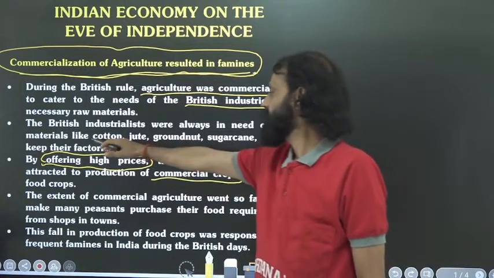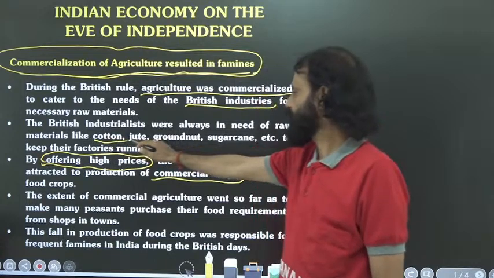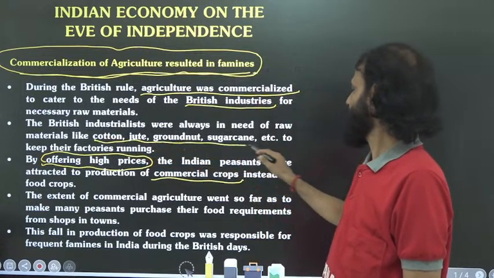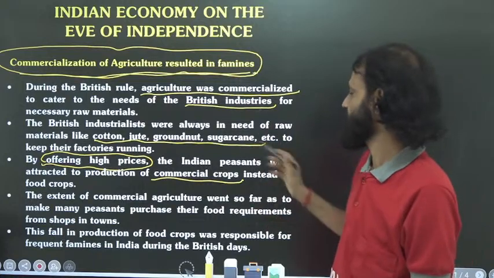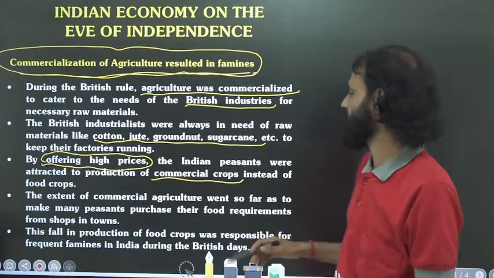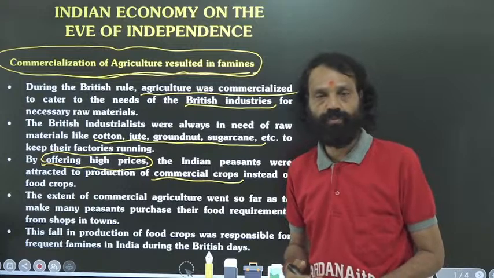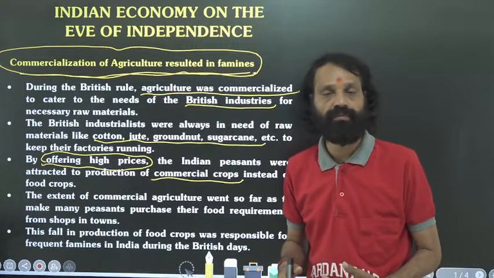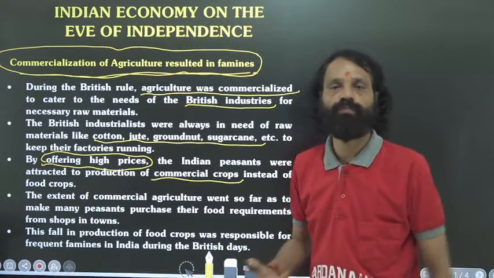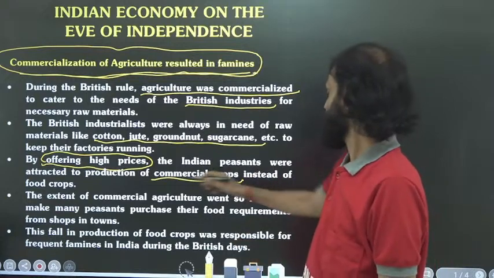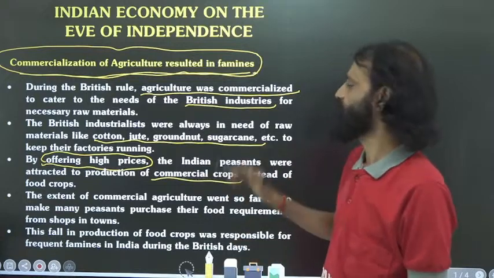For example, cotton, jute, groundnut, sugarcane, etc. That is known as commercial crops. Okay, so Indian peasants or Indian farmers were producing more cash crops instead of food crops.